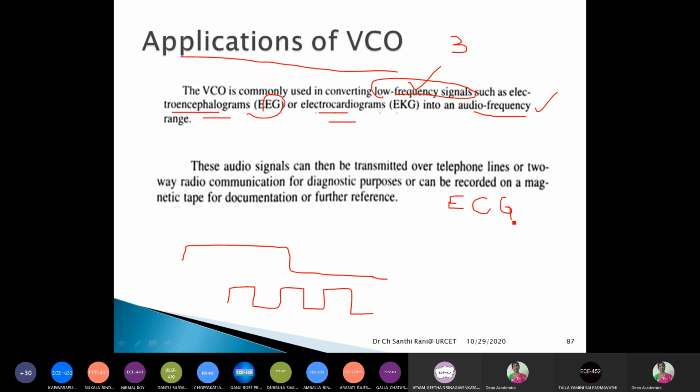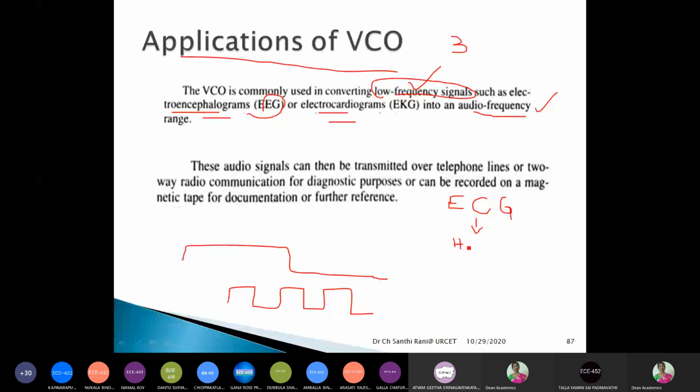So what is this ECG? I think you have come across this word several times. ECG is electrocardiogram. Electrocardiogram records the electrical activity of the human heart.